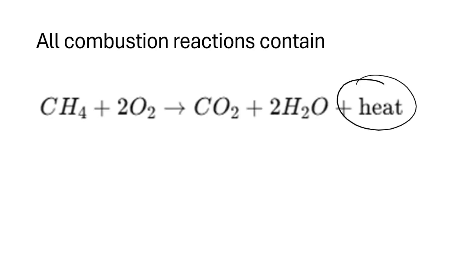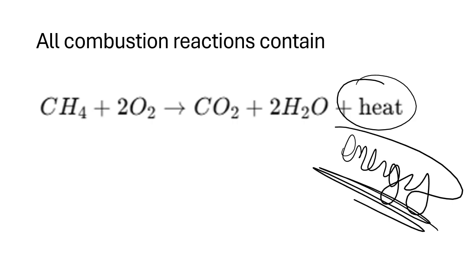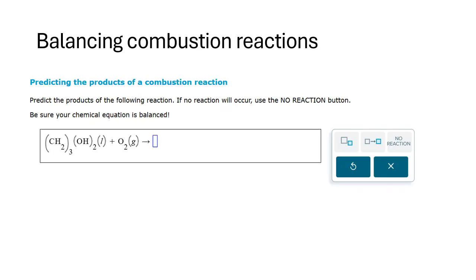Let's see how heat or energy is produced in combustion reactions. So just like energy is needed for the reverse reaction in photosynthesis, energy is produced in the combustion reaction. To balance combustion reactions, you can follow the formula of CHO.